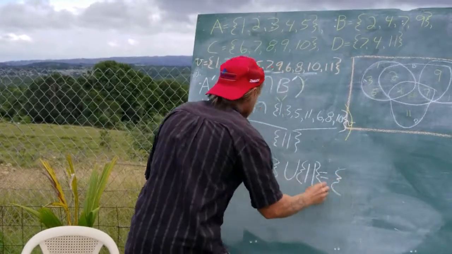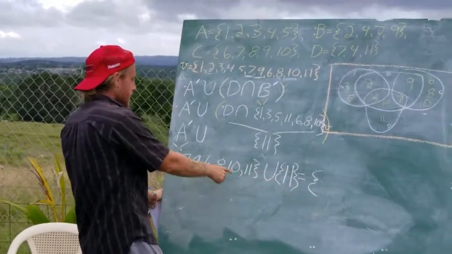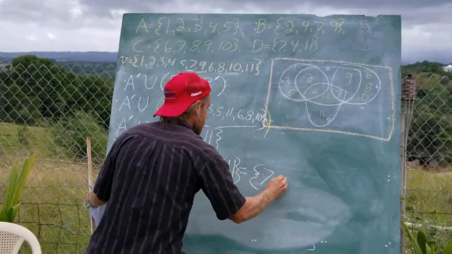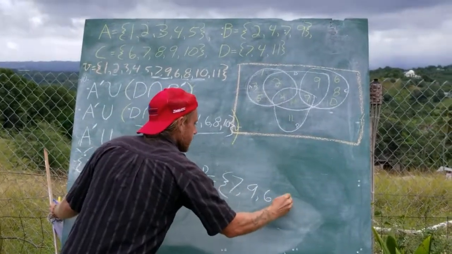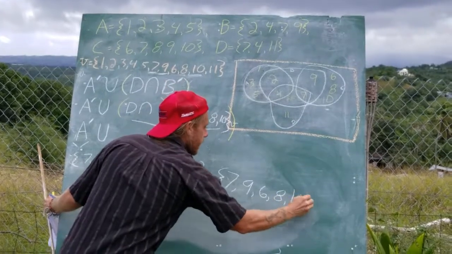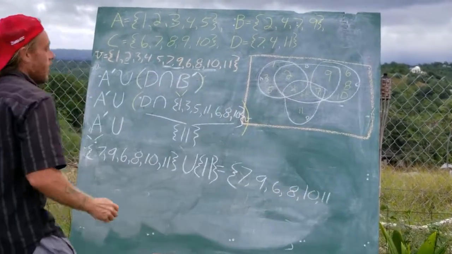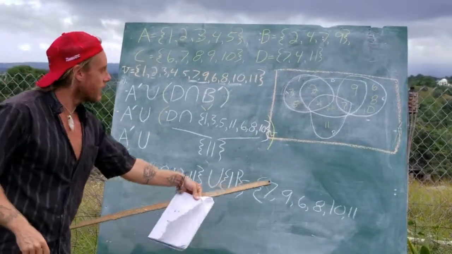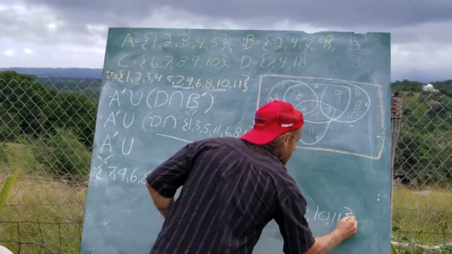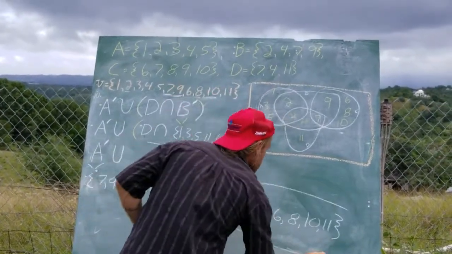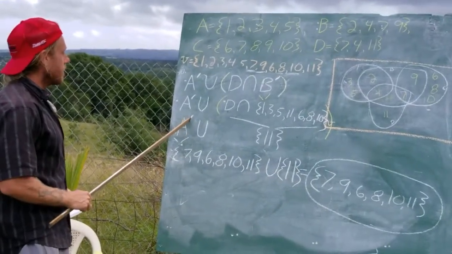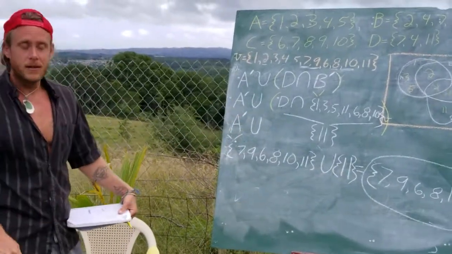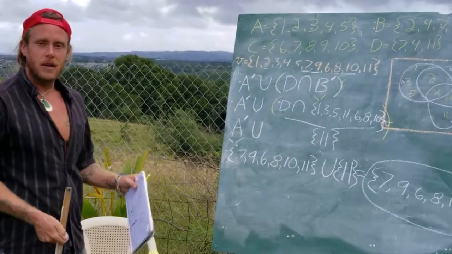So everything that is within set 1, 7, 9, 6, 8, 10, and 11, also everything in set 2 that's not redundant. We already have an 11. So here is our answer, which turns out to be the complement of A. Not too bad. I hope you enjoyed that.